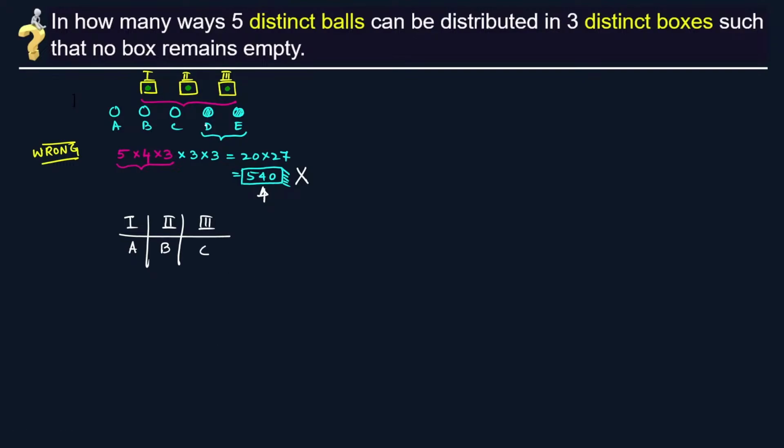And now we are left with 2 balls D and E. Now D and E can be placed in any of these 3 boxes. Let me take one of those ways: D is placed in box 1 and E is placed in box 2. So this is one arrangement which has already been considered in this 540. Okay. Now see another case.